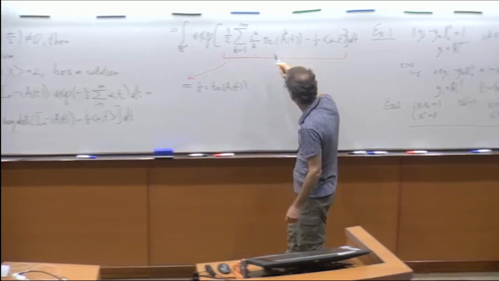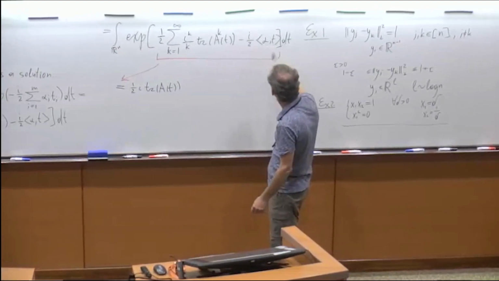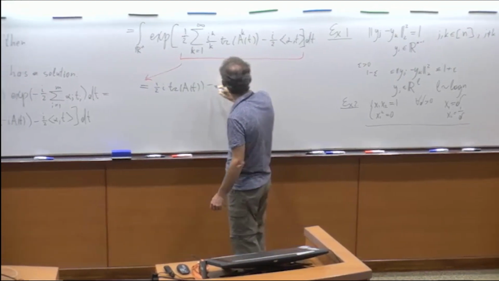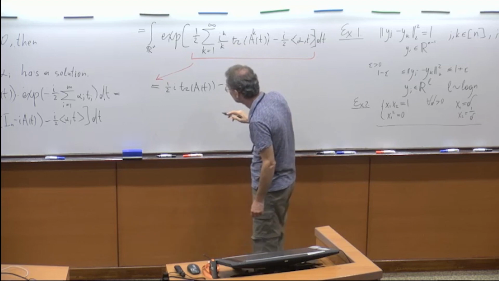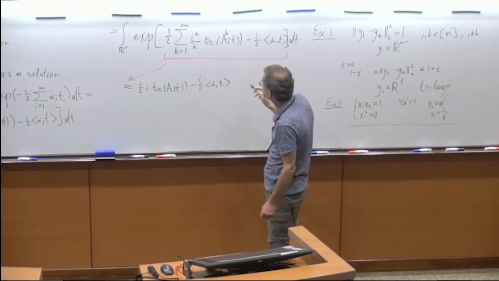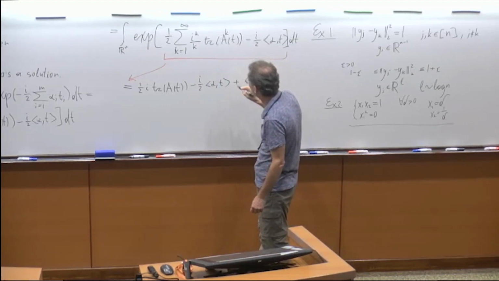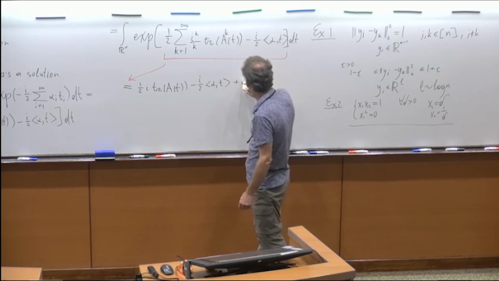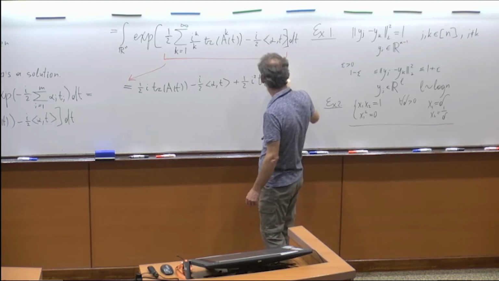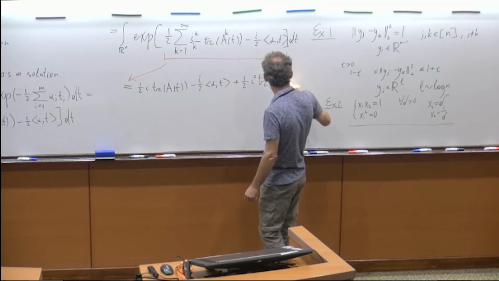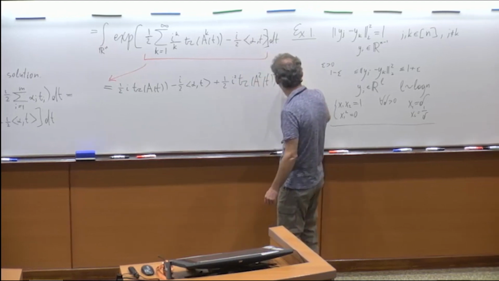And also I have another linear term here, minus i over 2 alpha t. Then the second order term is plus 1/2 i squared trace A squared of t, plus etc.